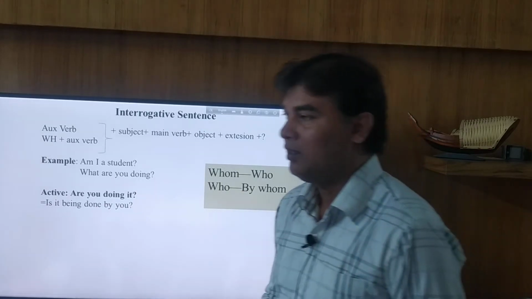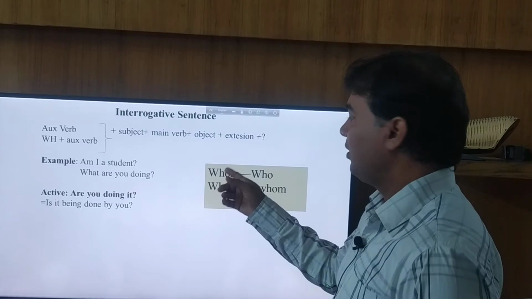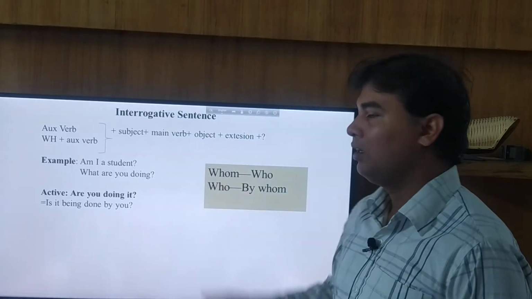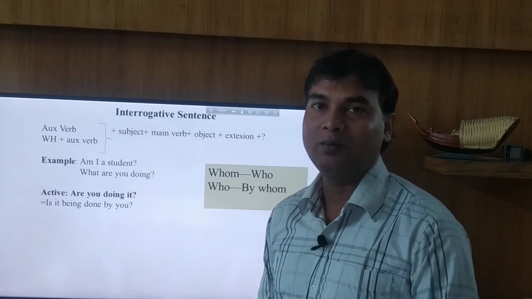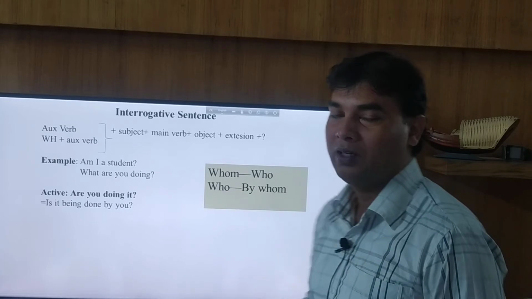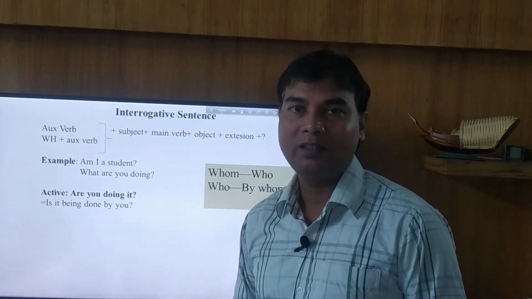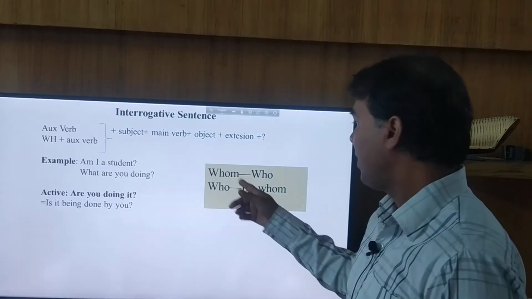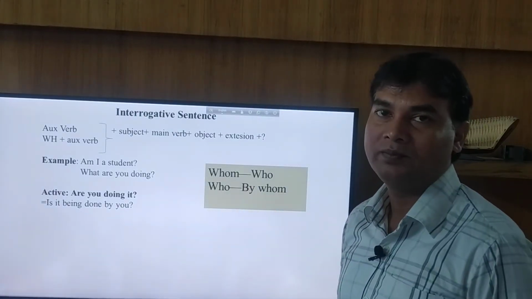Now one thing: if you find whom in an interrogative sentence, when you convert it into passive voice, you need to use who. Again, if you find who in active voice, when you convert it into passive, you need to write by whom.